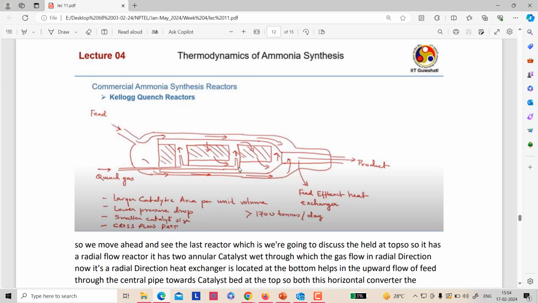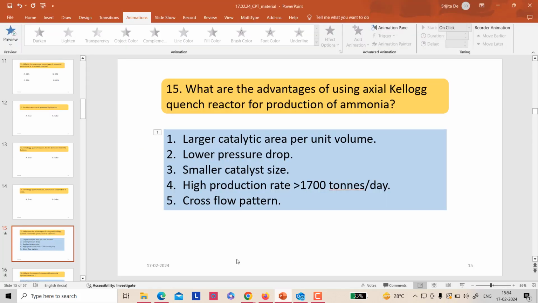So this is creating a kind of cross flow pattern inside the reactor, and product is going out from here. That cross flow pattern helps in good mixing also. So these are the advantages of Kellogg's axial quench reactor.